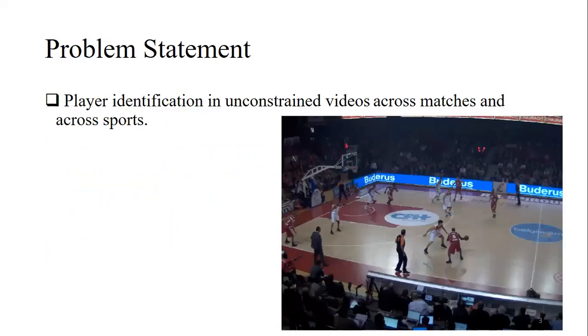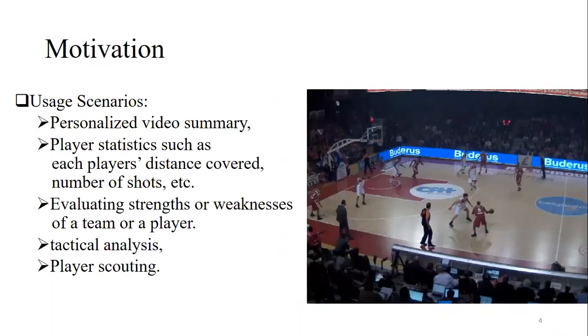Okay, so what is the problem statement of this work? The problem statement is to identify the player in unconstrained sports venues across both matches and sports. So, what is the motivation for doing player identification?